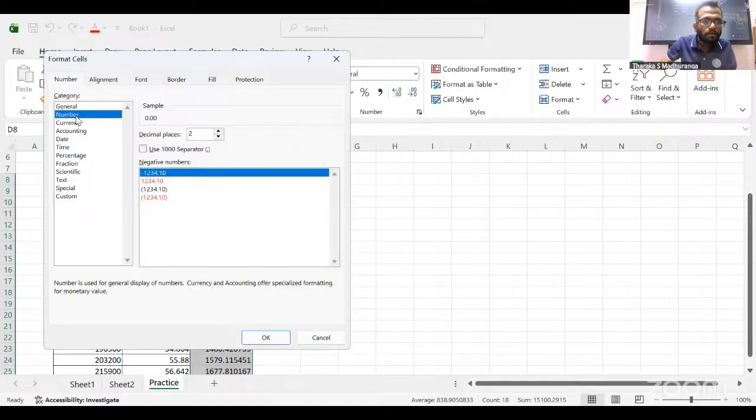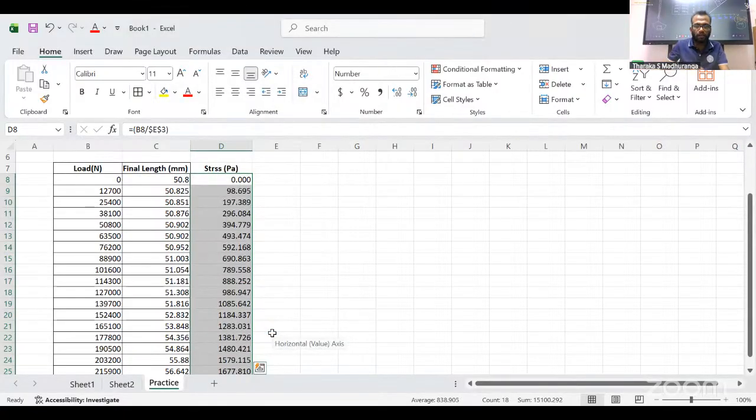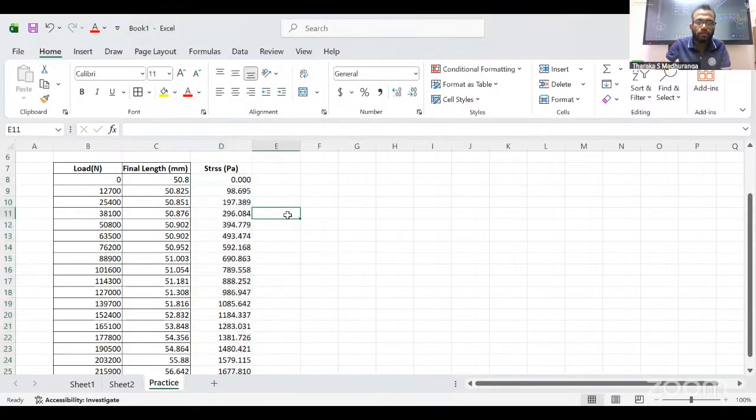Okay, I want number. Then you can select your amount of decimal points. Then you can get all the answers in 3 decimal points. Remember the tool General, right? In the number section.